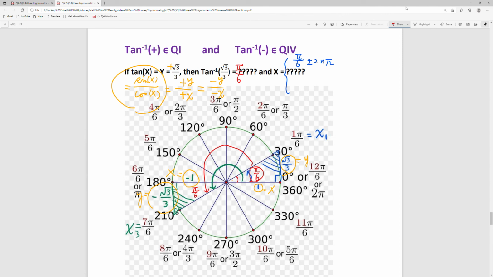So another angle will be pi over 6 plus pi, and then plus minus 2n pi.